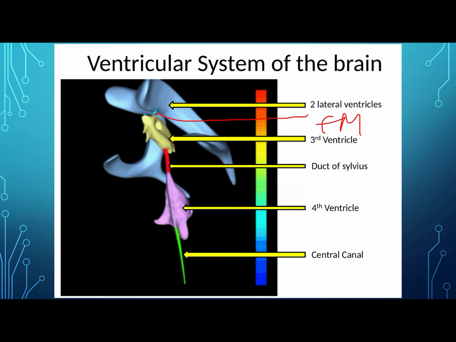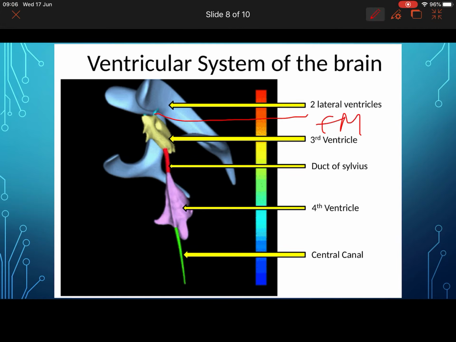So over here we can see the fourth ventricle continuing down as the central canal, and this central canal further continues down as the spinal cord. So if we make it down more, somewhere down becomes the spinal cord.